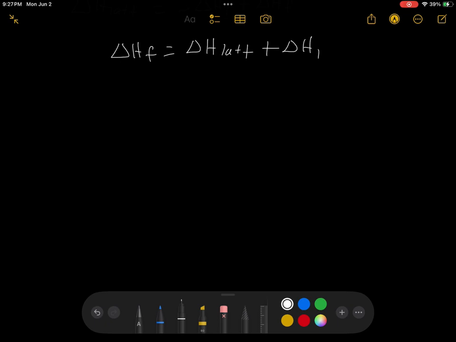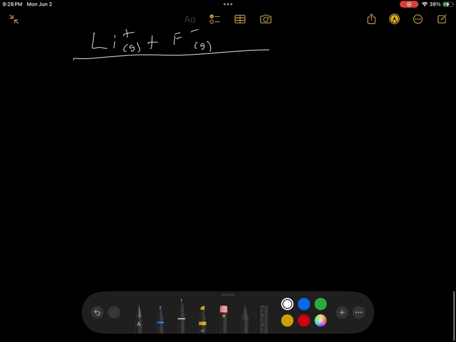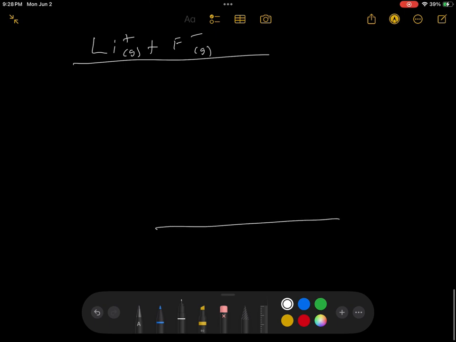To first understand this, we have to get our two main forms of compounds. So the first one on top is going to be our lithium and fluorine ions, right? These are as gases, keep in mind. And at the bottom, we're going to have LiF, lithium fluoride, as a solid, right?